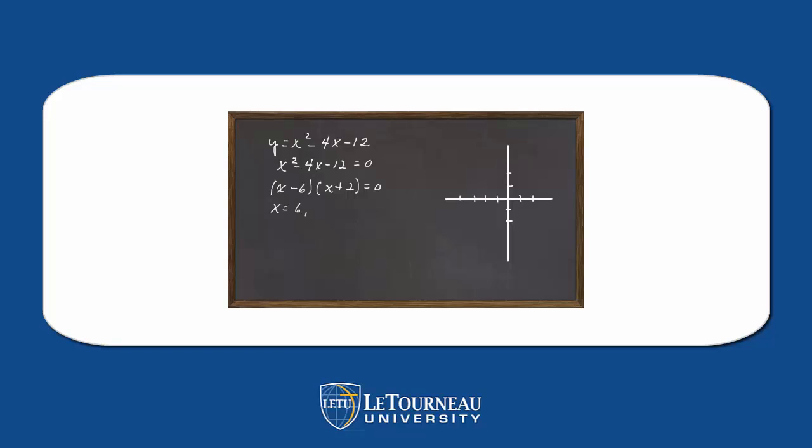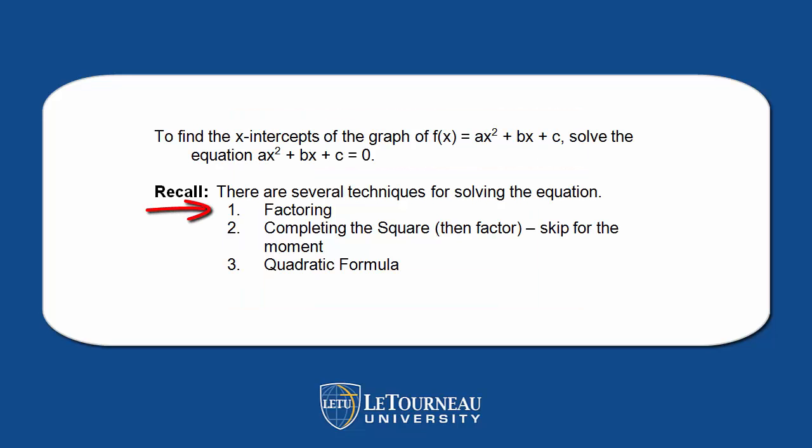And when we factor that, we get (x minus 6) times (x plus 2) equals 0. So the x-intercepts in this case will be the points (6, 0) and (-2, 0). Now, that tells us where it crosses the x-axis, but doesn't tell us much more. Right? We've looked at factoring.